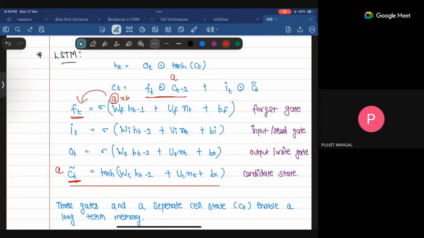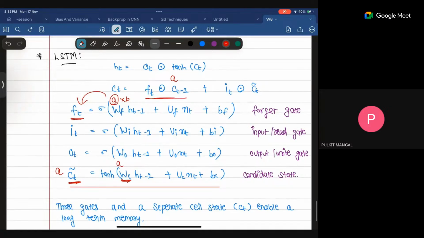For that, this WC also should have dimension A, and it should match with the dimension of HT minus 1, so it will also have the dimension of A cross B. Similarly, here it's going to get multiplied with IT, so IT should also have the dimension A, so WI should also have the dimension A cross B. Again, the output of CT would be A, because both of them here are of dimension A. Only then this addition and the multiplication makes sense.